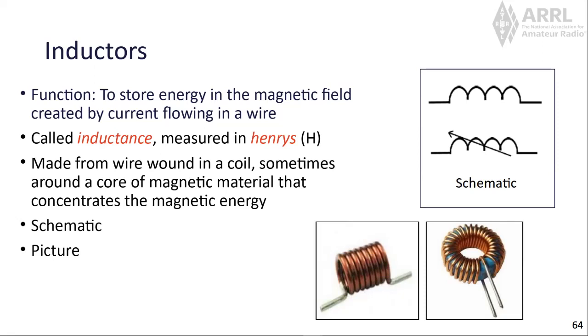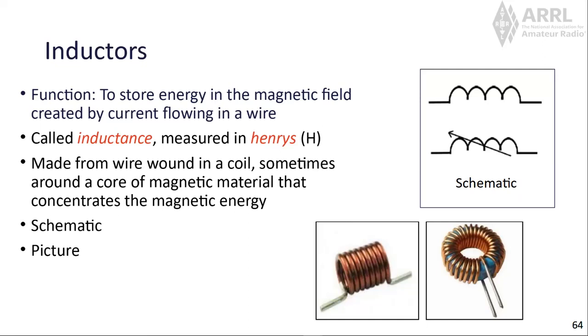It's different from a resistance symbol because the resistance symbol is pointy, top and bottom. This one is curved. And in the second one down, you see the arrow, which tells you that would be an adjustable inductance. In the photographs below, we see two different kinds or styles of inductors.